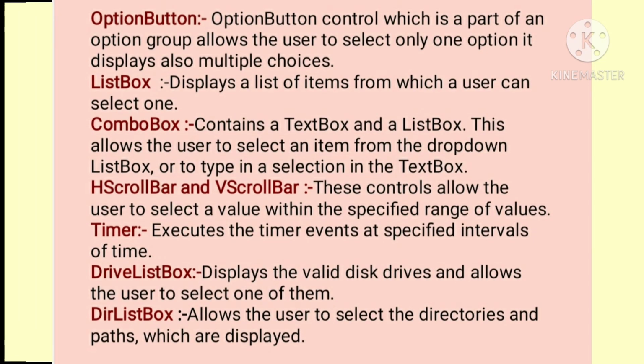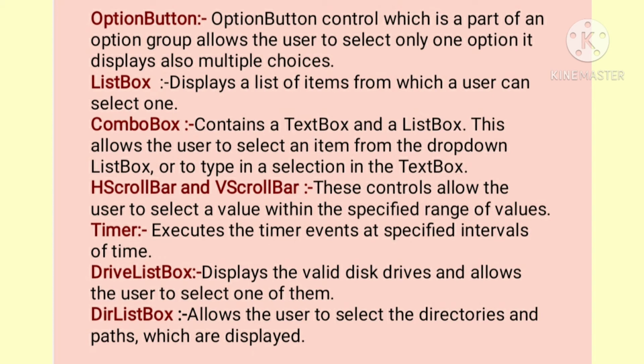Let us start with the option button. It is a control which is a part of an option group, allows the user to select only one option. It displays also multiple choices. Next one is a list box.